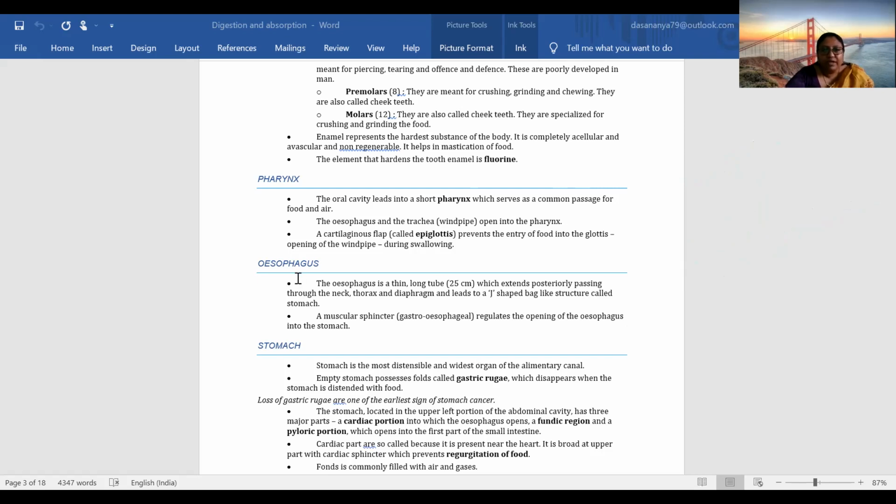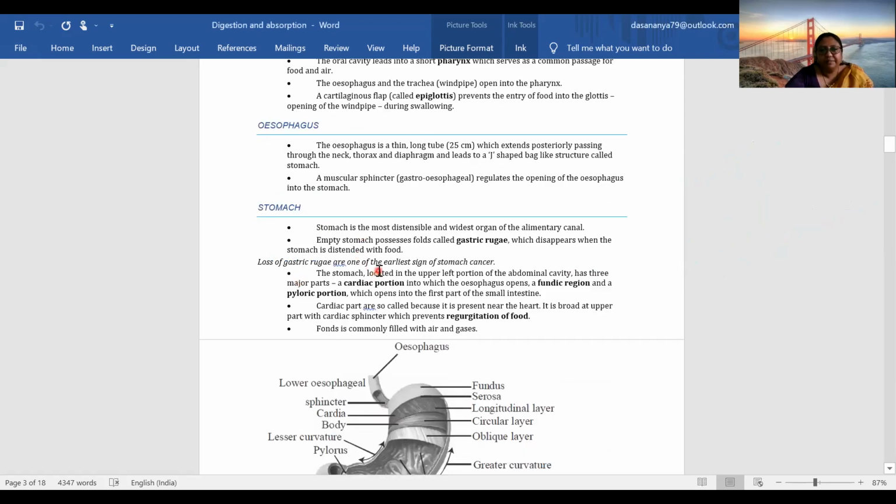Now, the next part is the stomach. It is the widest organ of the alimentary canal. Widest because it has the maximum diameter. So if you look into the stomach in empty condition, it will have folds which are called gastric rugae.